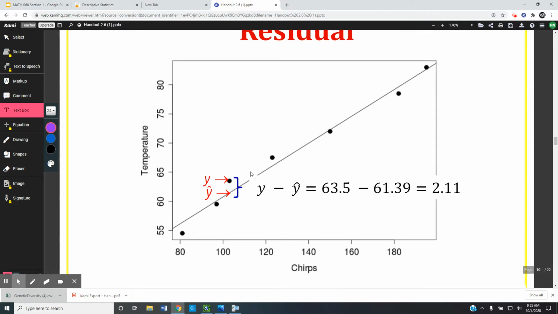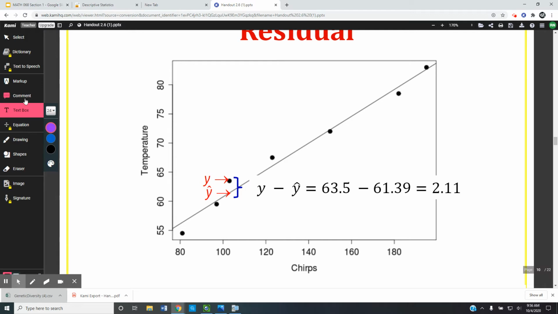So here's that picture I was drawing for you in better terms. The data point that we had was 63.5, right here at the top. That was the observed measurement. However, we predicted a 61.39, which means there was a residual value of 2.11 that was unaccounted for.